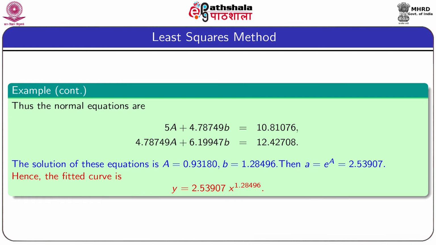Then small a equal to e to the power capital A, which is equal to 2.53907. Thus, the fitted geometric curve is y equal to 2.53907 into x to the power 1.28496. So this is the final estimated geometric curve from the given set of sample values.